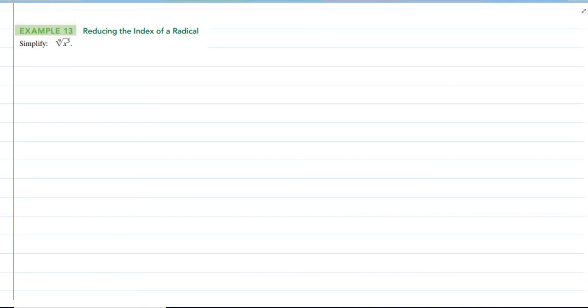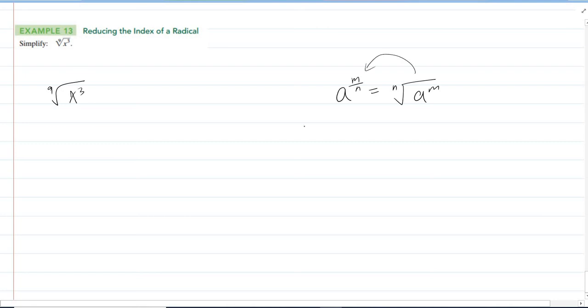Last example, 13, reducing the index of the radical. When I have to simplify this, it's actually really straightforward. We have the 9th root of x to the 3rd power, because earlier we had to learn this. So now we're just going from here to there. I can rewrite this as x to the 3 over 9 power.